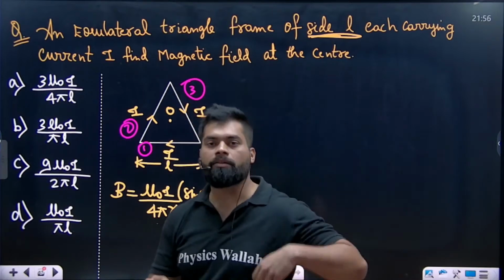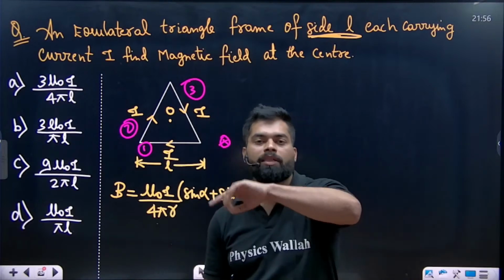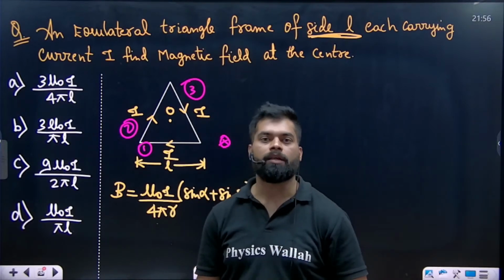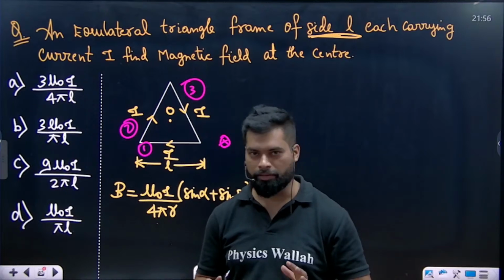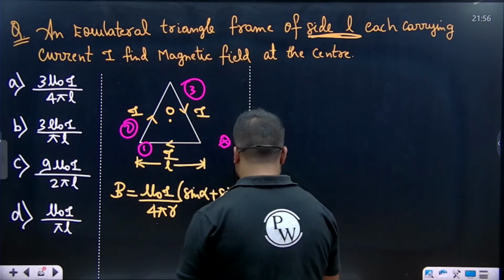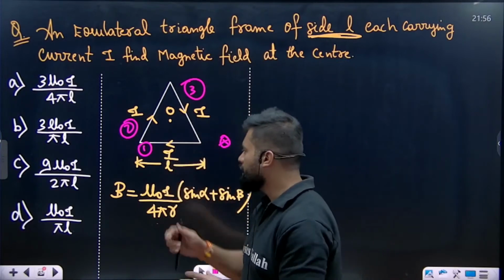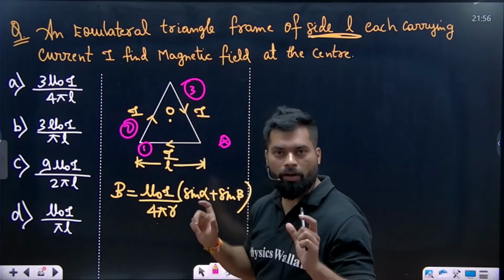So the magnetic field produced by all 3 wires at the center is inside the page. Yes or no?